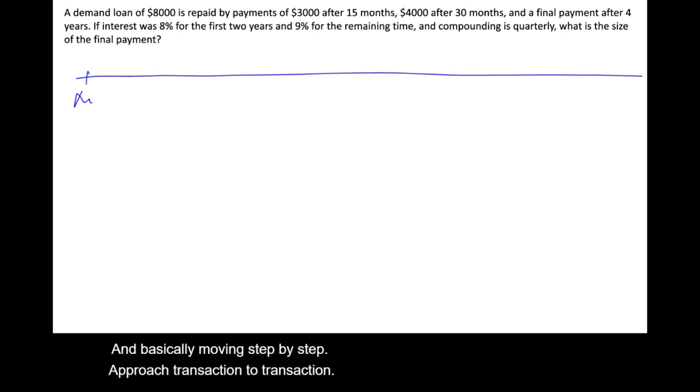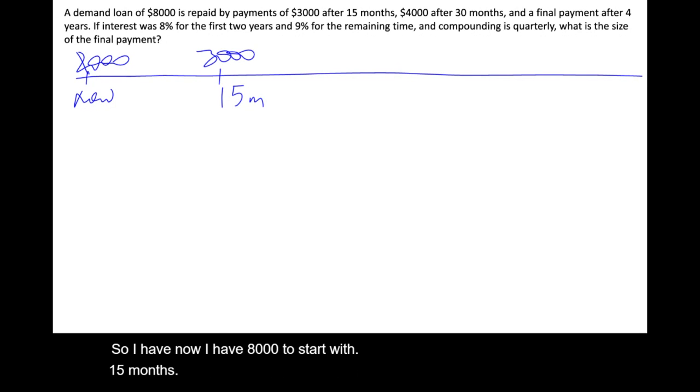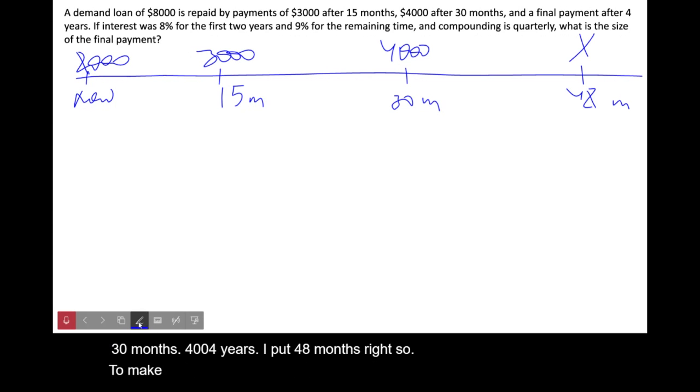So I have 8,000 to start with, 15 months, 3,000, 30 months, 4,000, 4 years, I put 48 months, to make it consistent with the timeline.